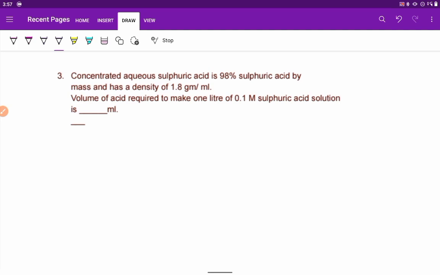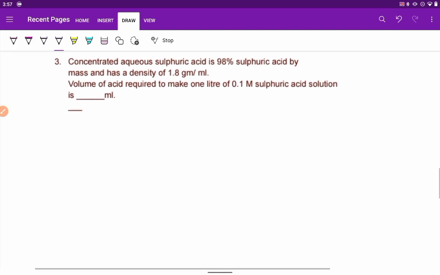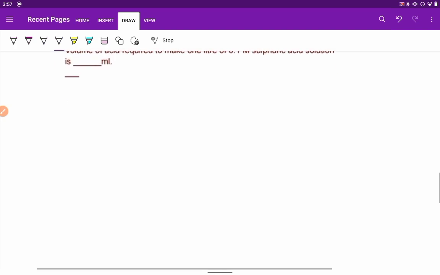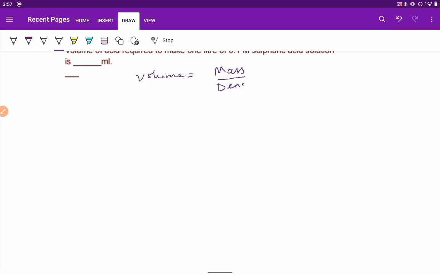Now we know that volume equal to mass by density. Density is mass by volume, so volume equal to mass by density. Now the solution is 98% H2SO4 by mass.